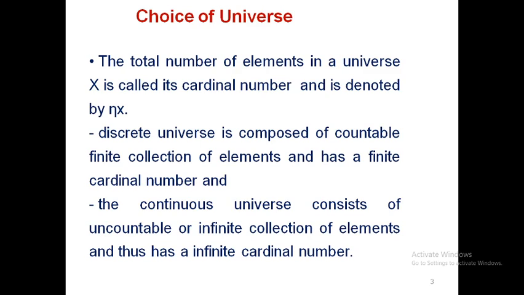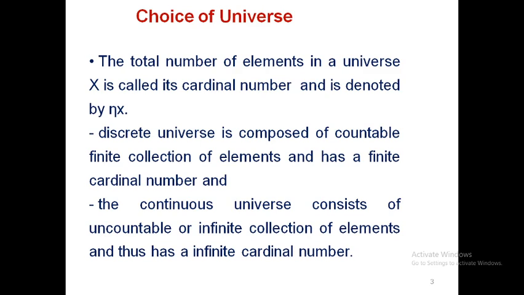Generally we have two types of universe of discourse, right? One is the discrete universe, another one is the continuous universe. The discrete universe is composed of a countable finite collection of elements, and it has a finite cardinal number. So there are finite numbers, so obviously the cardinal number of elements in the universe of discourse is a finite number only.